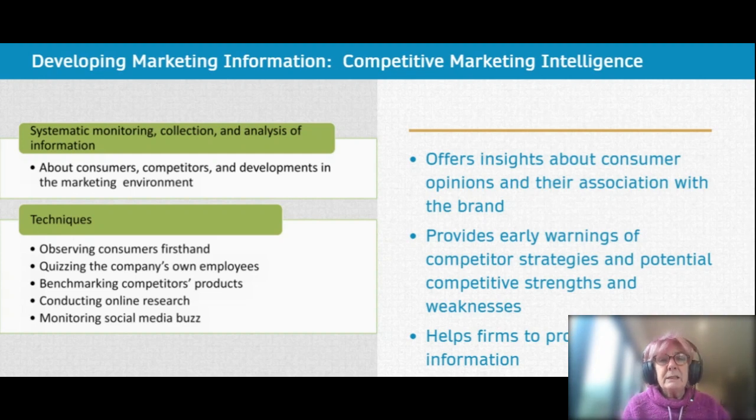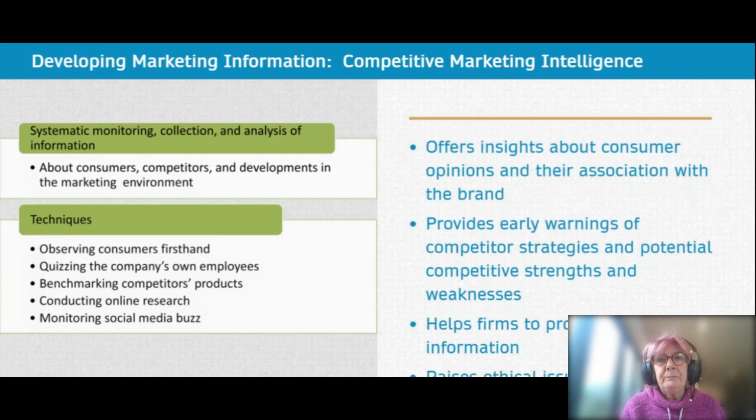What do I mean by that? Well, for example, are we offering products of the same quality at the same sort of price? It might be about online research. Increasingly, it's about monitoring the buzz on social media as well. So that competitive marketing intelligence can come from many, many sources, and those are just some of them.